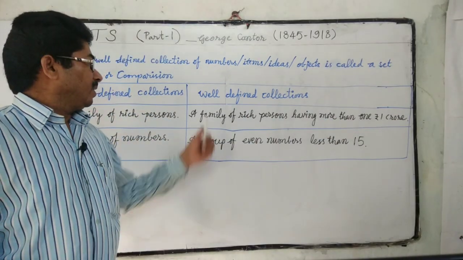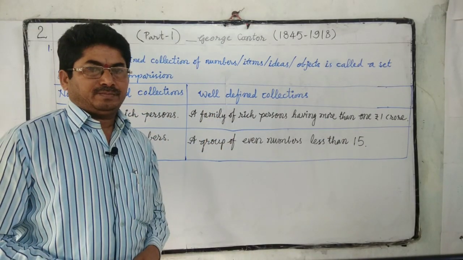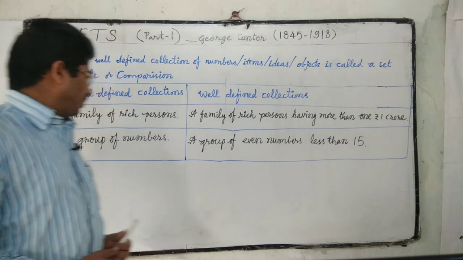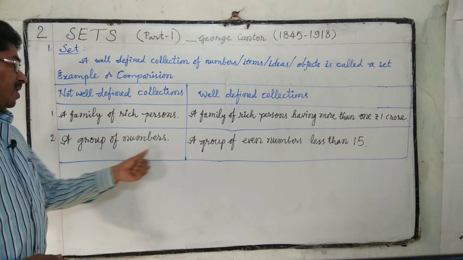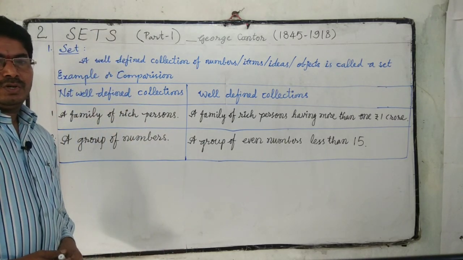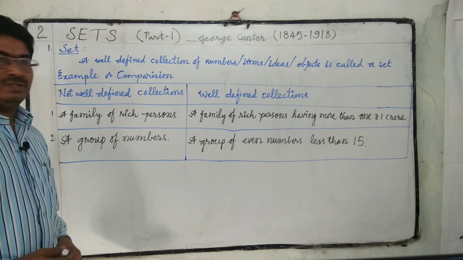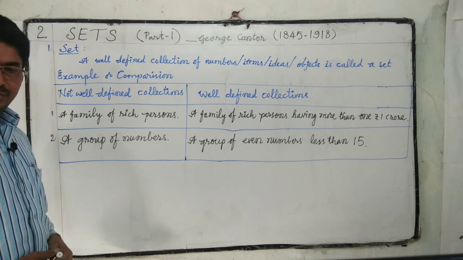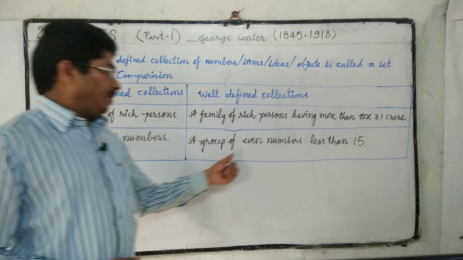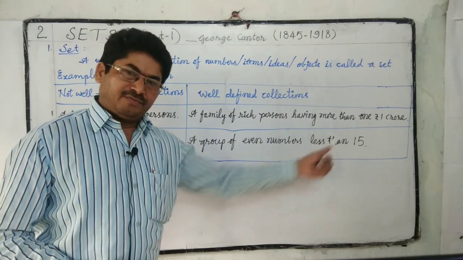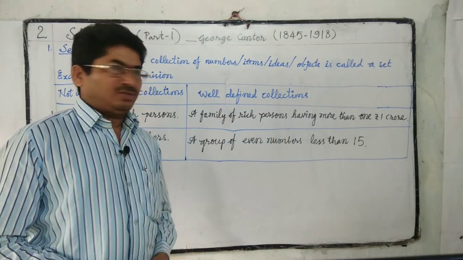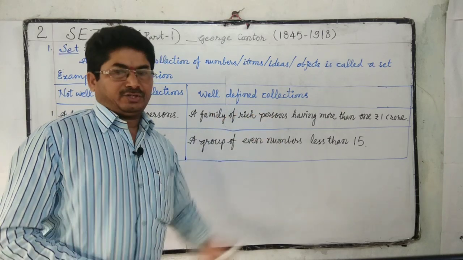This is a well-defined collection. One more example. A group of numbers is not a well-defined collection. A group of even numbers less than 15. This is a well-defined collection.